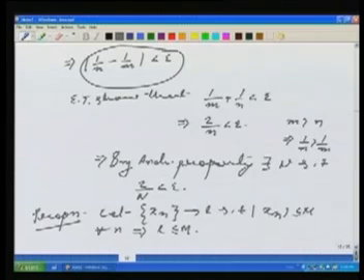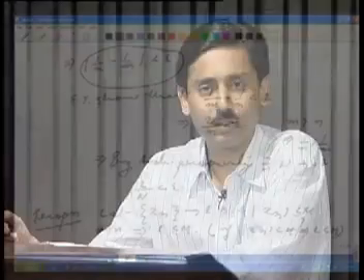You can take it as a little exercise: if mod of xn is strictly less than m, does this imply L is also strictly less than m? Think about it. Now, how to prove this?